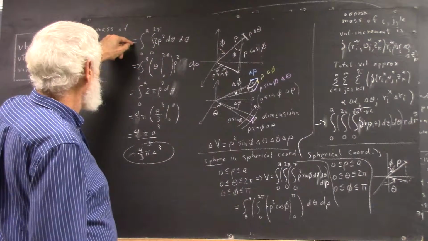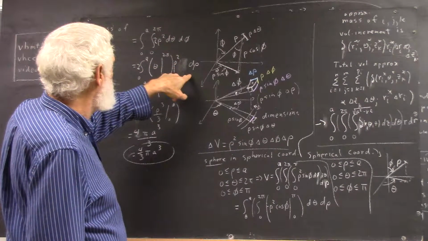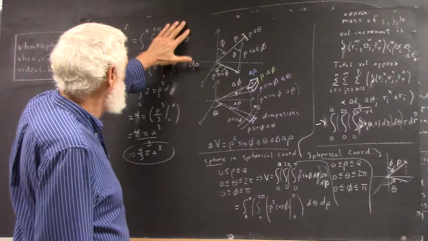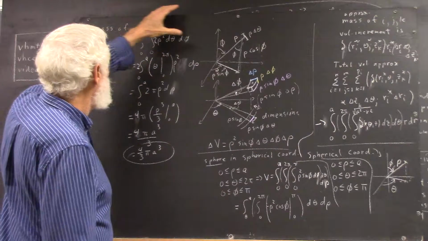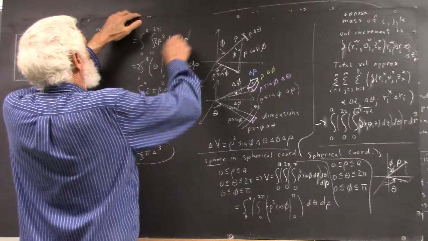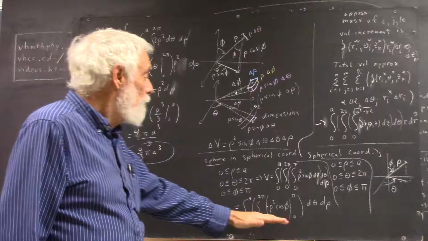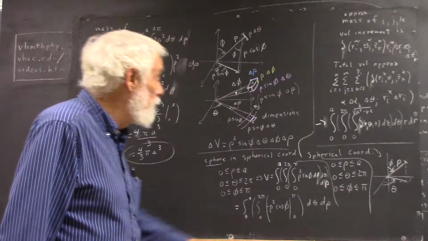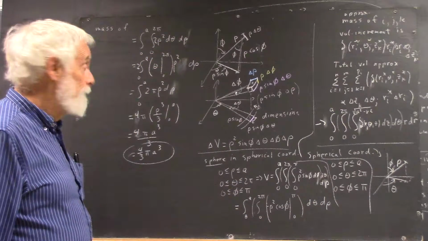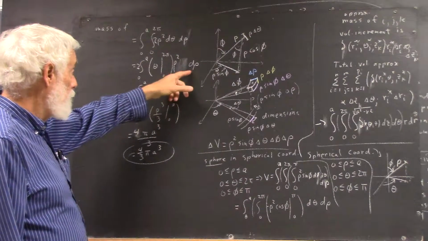We can bring the 2 out, and we can move the rho squared over here with the d rho. And I know why I wrote a d phi, because I had a d phi up here. Okay, now let's be clear. When I integrate this, I end up with a d theta d rho, not a d theta d phi. And then when I integrate with respect to theta, I just end up with a d rho.